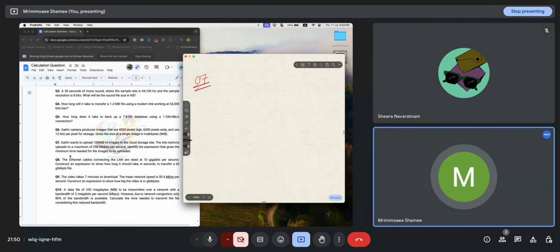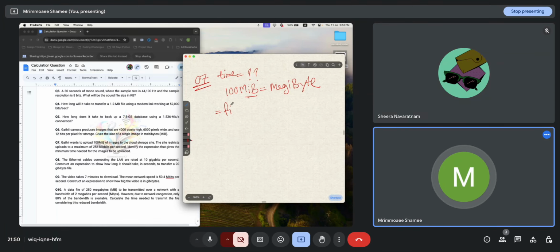The same thing, here we have to calculate the time, right? And they are saying that the company wants to upload 100 megabyte of images. This one is a symbol for megabyte, right?